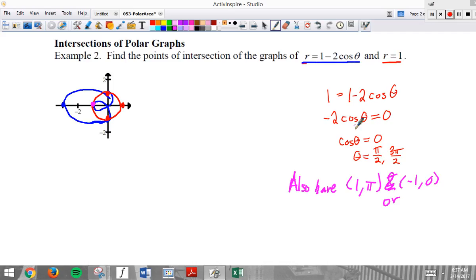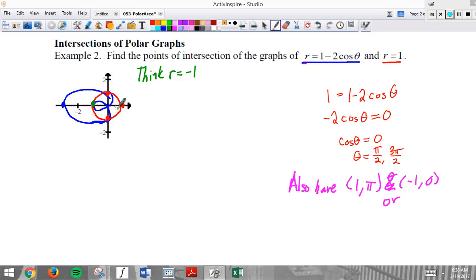So one solution people proposed last year is always thinking of this as plus or minus. And that would have found you these other solutions. If you said r equals negative 1, you would get cosine theta equals 1, and that would be pi. But that's hard, so always be careful for that. Let me write it down for you visual people: r equals negative 1. And that's this point right here, because it's all the same circle.